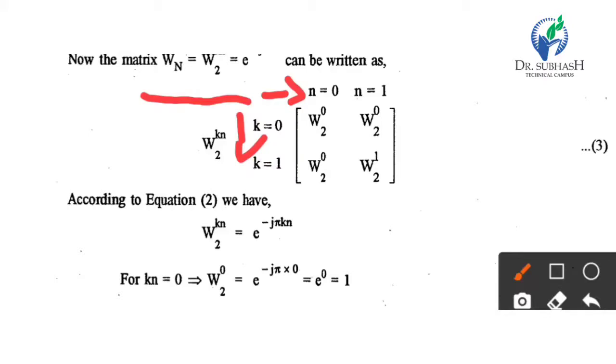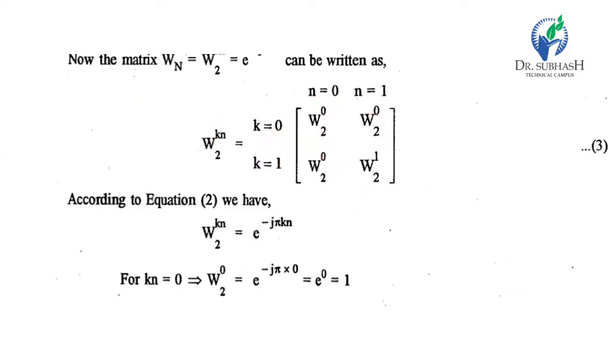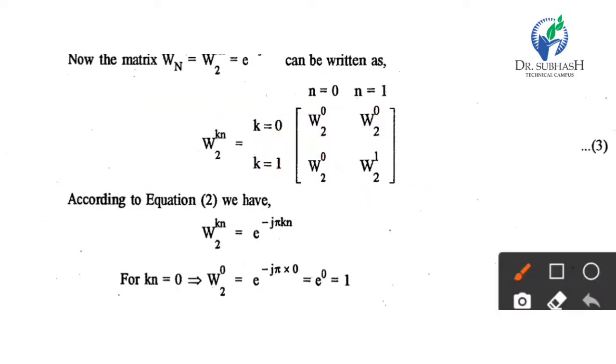We have to multiply k and n: 0 multiplied by 0 gives W_2 raised to 0, 0 multiplied by 1 gives W_2 raised to 0, again 0 multiplied by 1 gives 0, and 1 multiplied by 1 gives W_2 raised to 1. So three entries are zeros and one is 1.